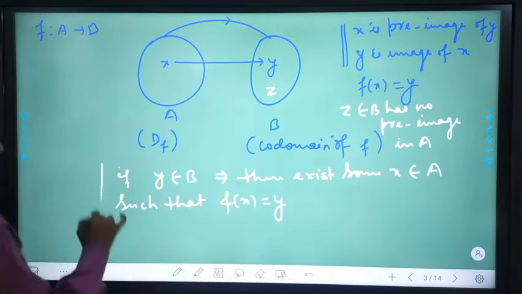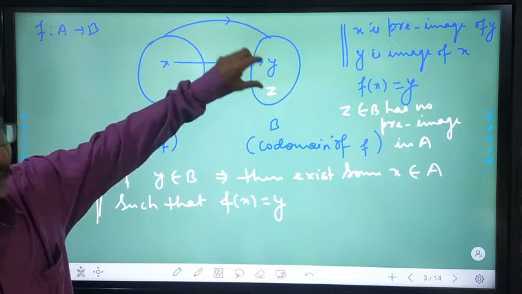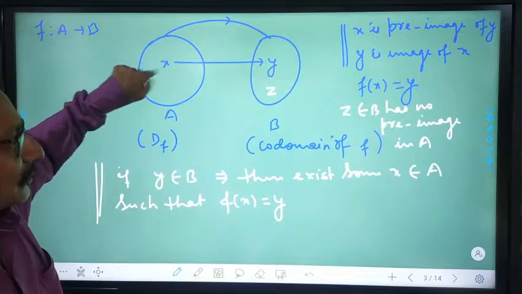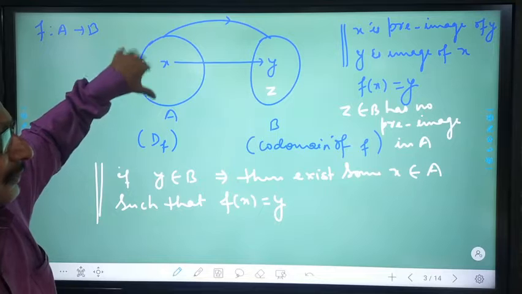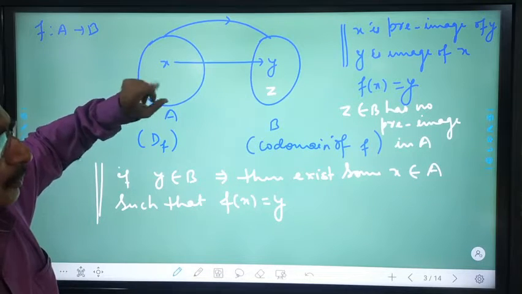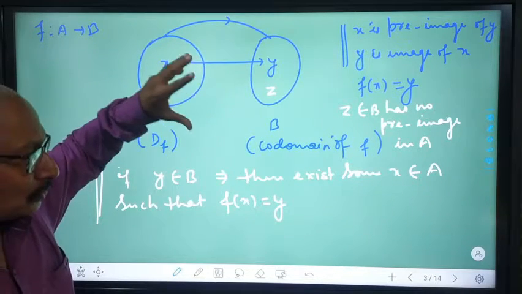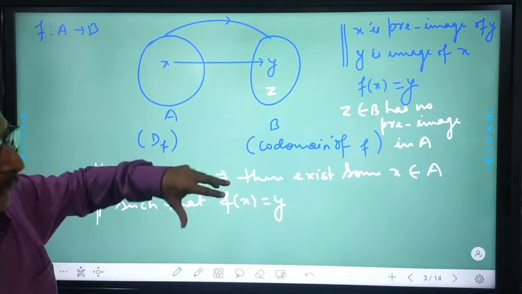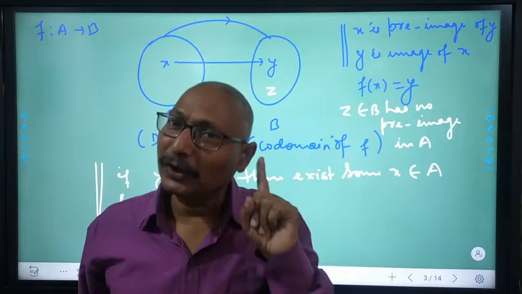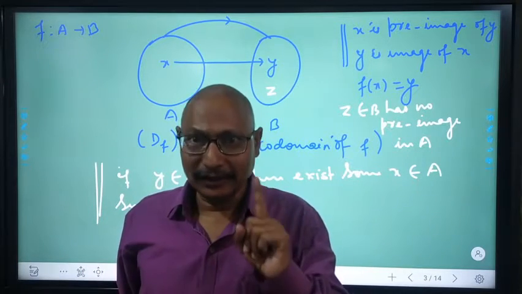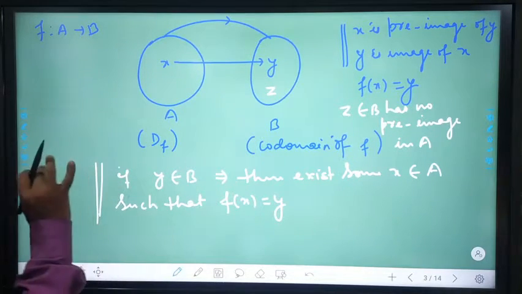That means if for any element inside this codomain we get a corresponding pre-image in A, then we say that this function is an onto function. That means this element belonging to codomain B is an image of at least one element of the set A, that is the domain of the function. If it happens, then we say that the function is an onto function.